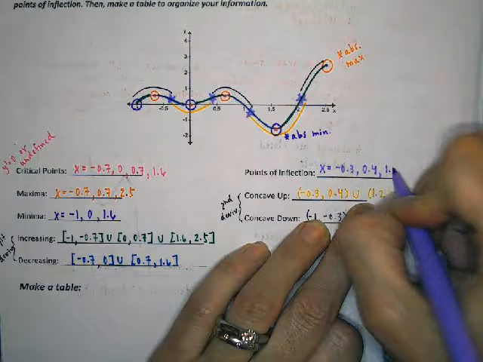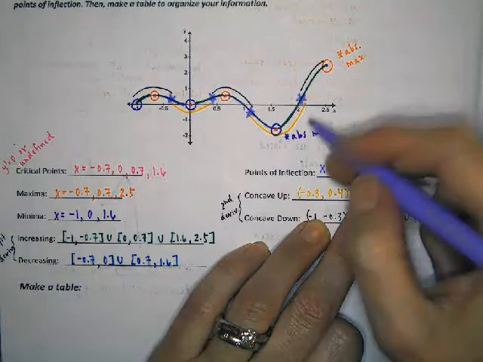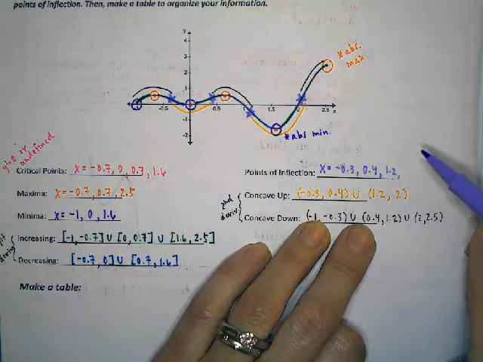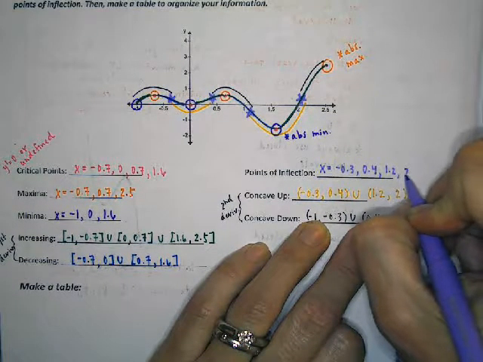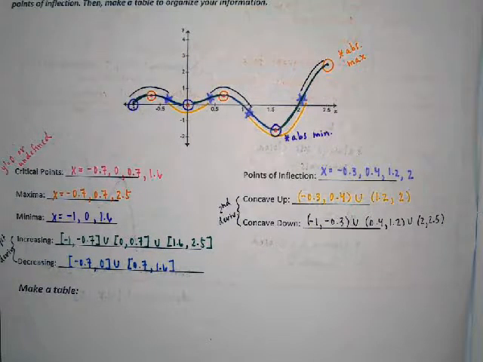Our next one is at 1.2. And then I didn't really draw that well. It would probably be more like 2.1, but since we called it 2 just to be consistent, we'll call that 2 here. So that's all the information that we got from the graph.